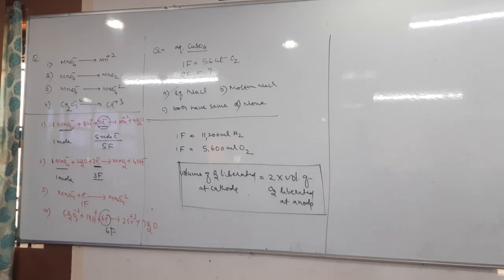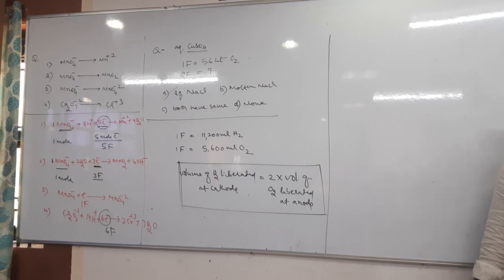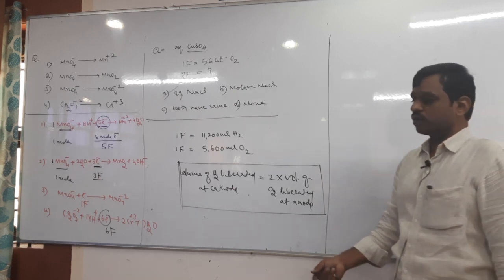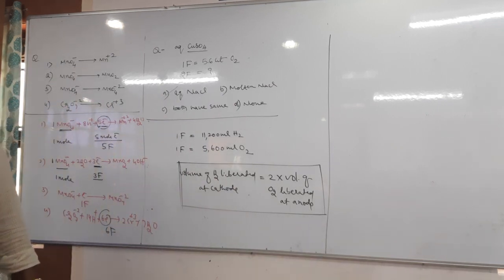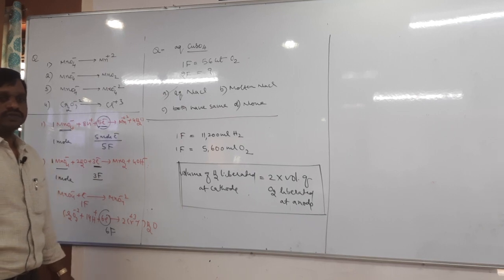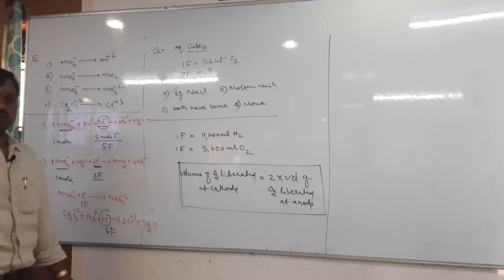Right, when the same quantity of electric current is passed through acidified water, aqueous NaCl, what is the ratio of the number of moles of hydrogen and chlorine liberated at electrodes?